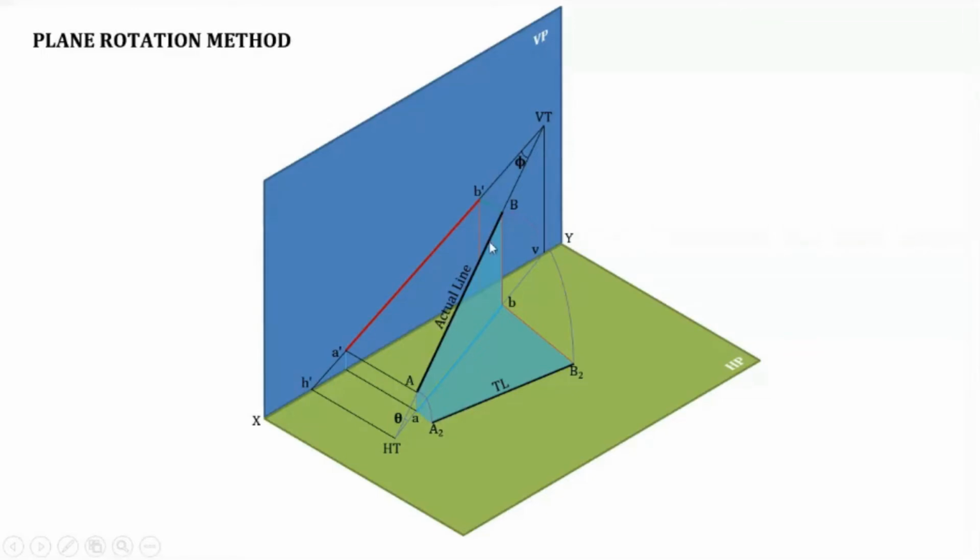It coincides with this true length line, or this line, small letter aa2, should be perpendicular to small letter ab. Why is it perpendicular?